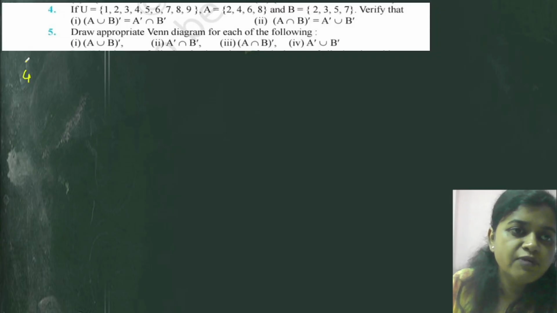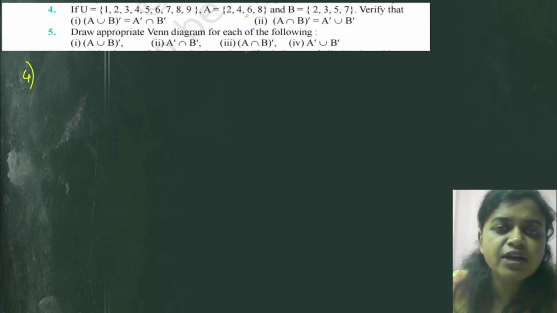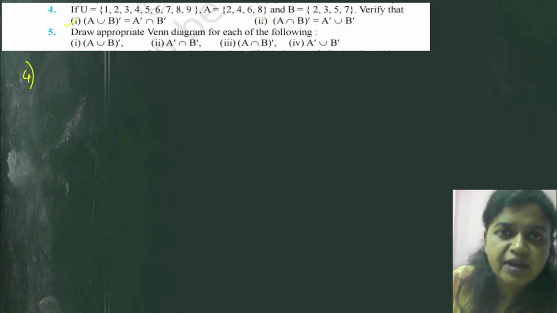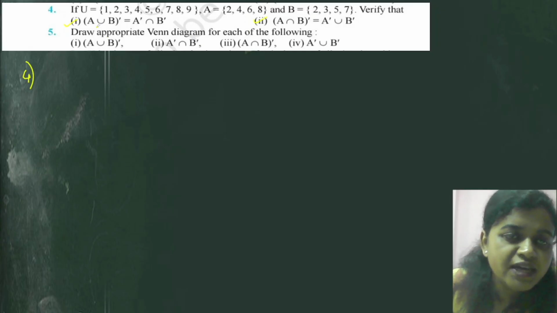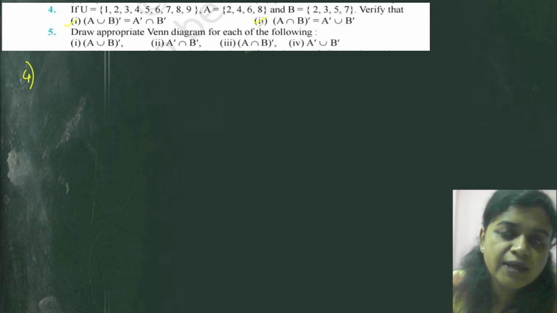In question number 4, the universal set U is given as 1 to 9, A is given as 2, 4, 6, 8 and B is given as 2, 3, 5, 7. You have to verify these equations. Can you tell me what these two equations are called? These are called De Morgan's laws.